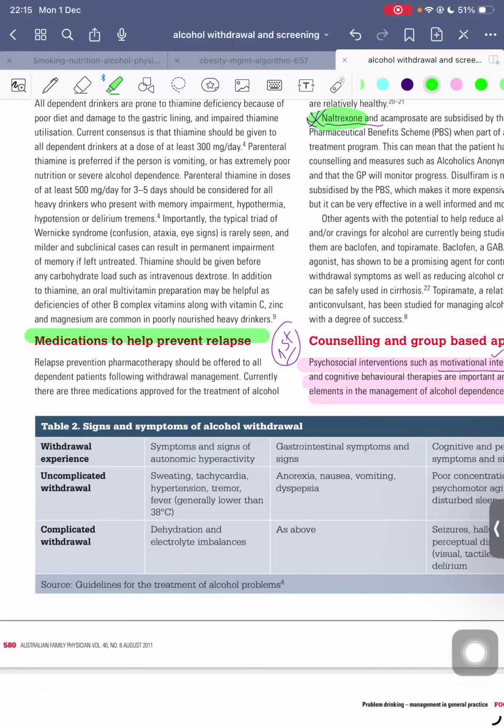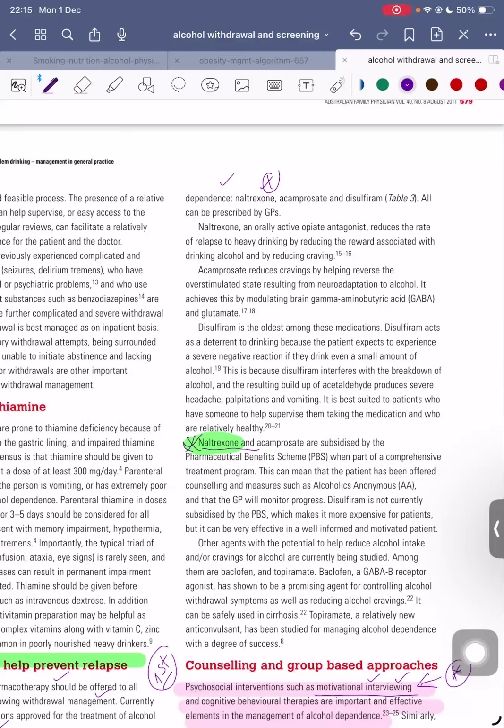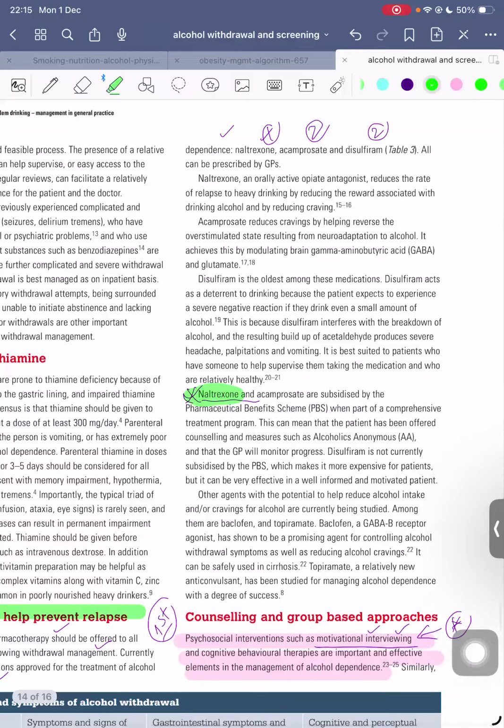So, relapse prevention pharmacotherapy should be offered to all dependent patients following withdrawal management. Currently, there are three medications approved for the treatment of alcohol dependence: naltrexone, acamprosate, and disulfiram. Okay, these three.